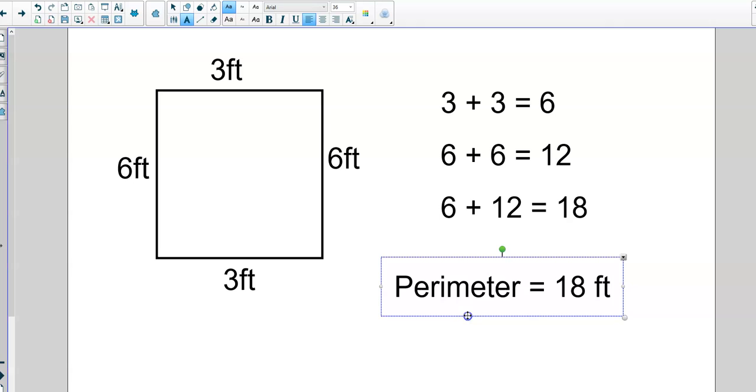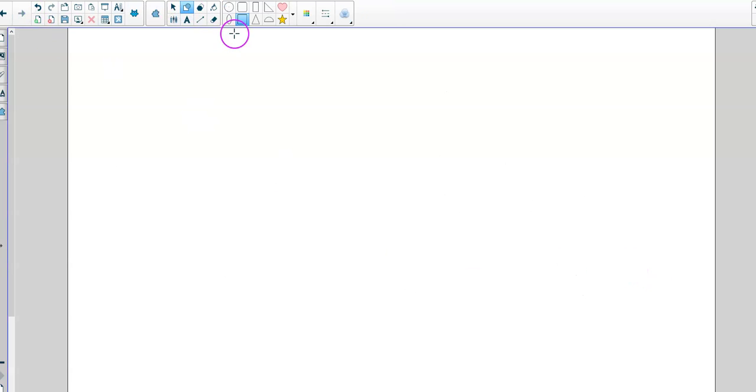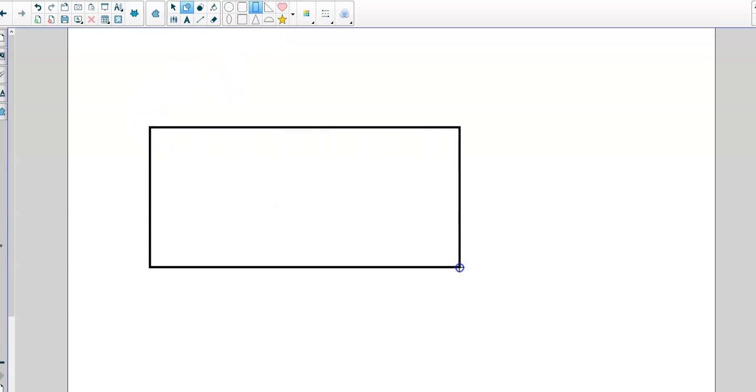It's important to add the label of feet because the difference between 18 feet and 18 inches is a huge difference. Let's try one by yourself. I'm going to draw another shape here. Draw this rectangle for right now.